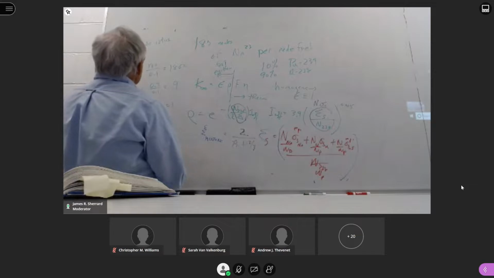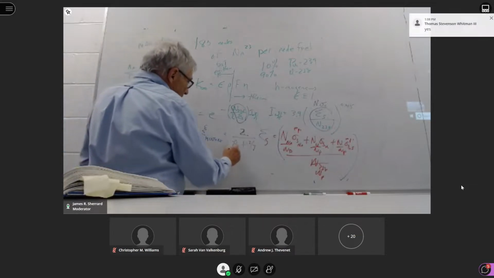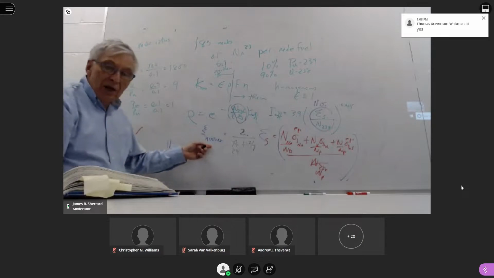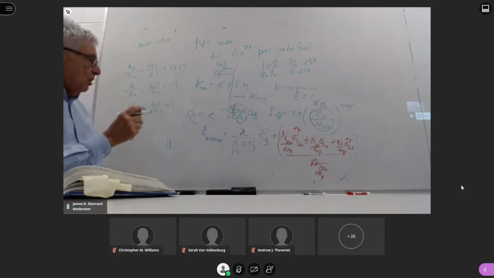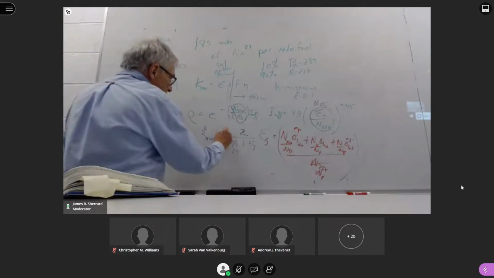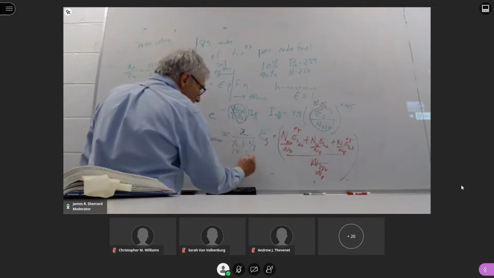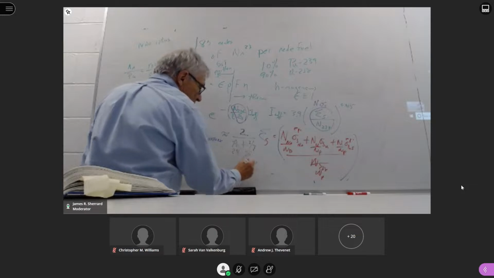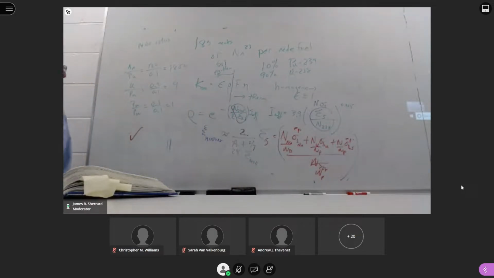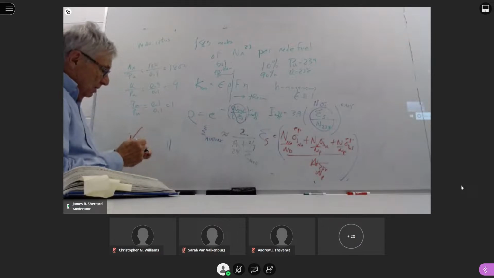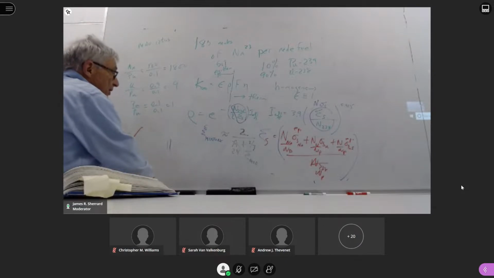My moderator is sodium, so that value is 24. You could calculate them for the fuels, but they're going to be so small that for the mixture, it's essentially just the value for the moderator. Throw that in here, and we come up with a value for resonance escape probability.